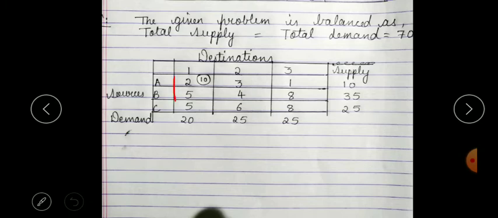So in this, consider only the cost matrix. Which is the top left corner? The top left corner is this. What is the cost there? That unit cost is 2. Forget about the cost. Now you have to see what the supply and the demand are.